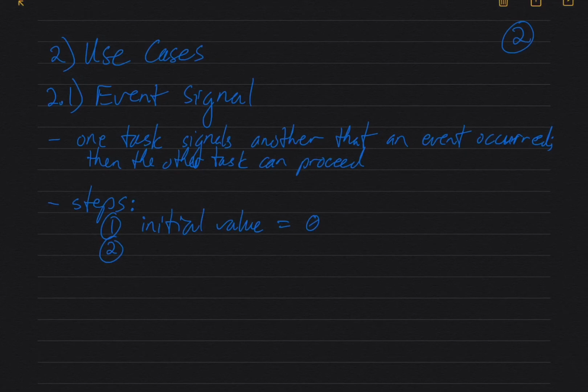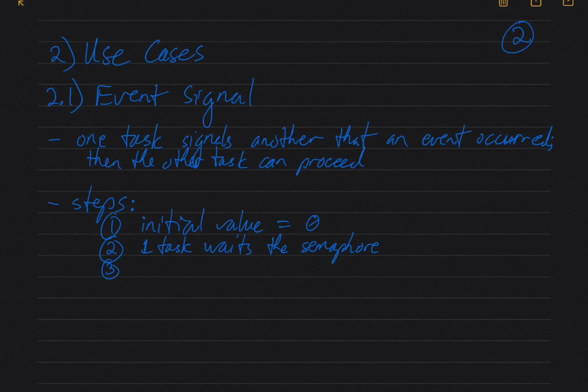So step 2 is one task waits the semaphore. So that's bad grammar. We're taking a noun of a function name and turning it into a verb.